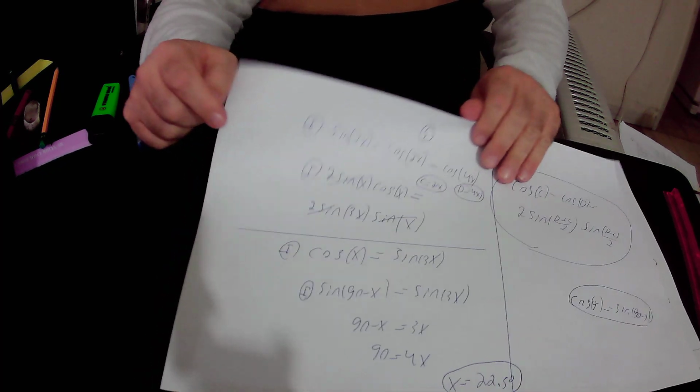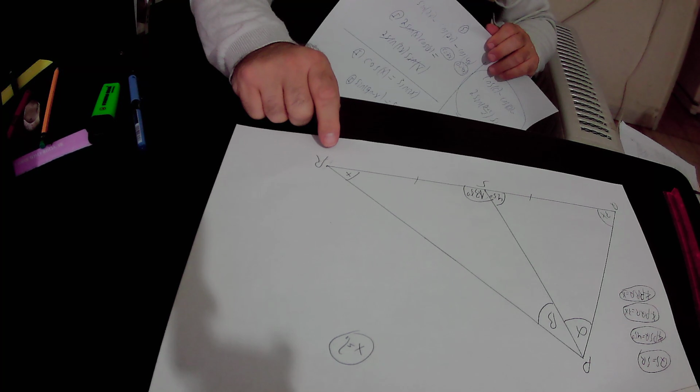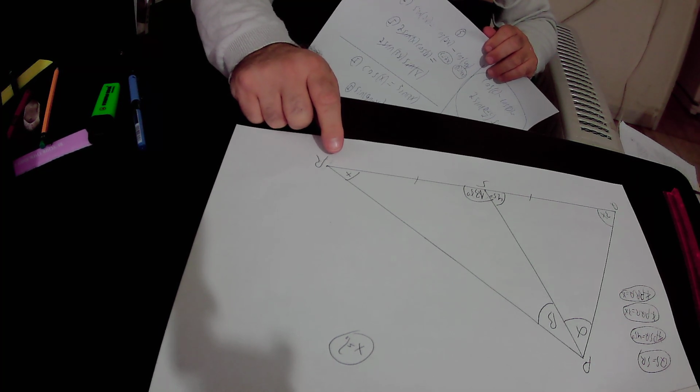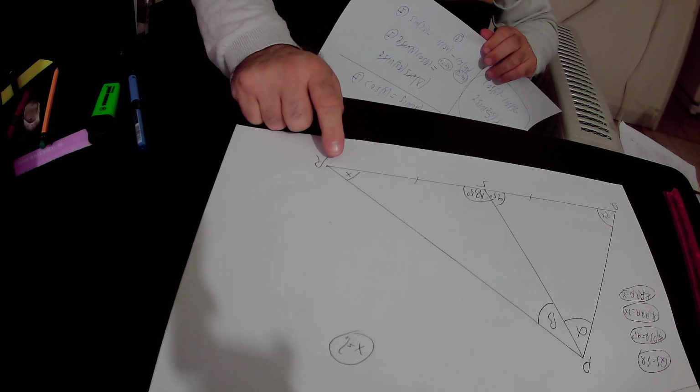But according to the drawing, sine x can never be 0, because if sine x were 0, then angle x would be 180 degrees or 0 degrees. You can see clearly here that angle x is not equal to 180 degrees and not to 0 degrees.